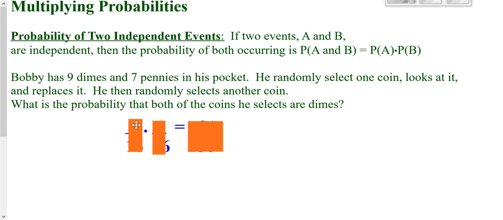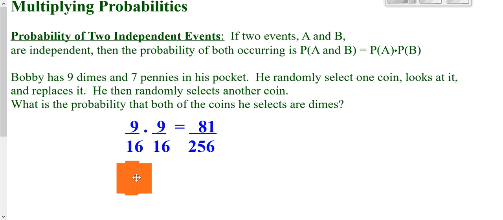Well, we have 9 dimes out of a total of 16 coins to choose from. So it's this. But because he pulls it out, looks at it, puts it back in, when he goes to draw the second one, there's still 9 dimes and a total of 16 coins. So we can multiply these together and we get 81 out of 256.